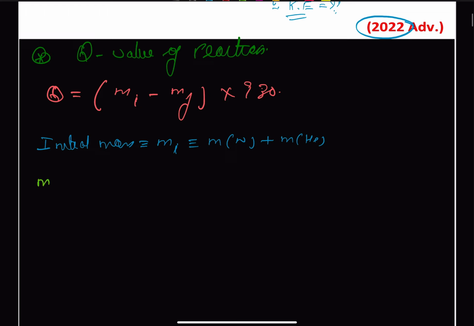So our initial mass will be equal to nitrogen is 16.006 plus helium is equal to 4.003. This gives us 20.009 AMU.